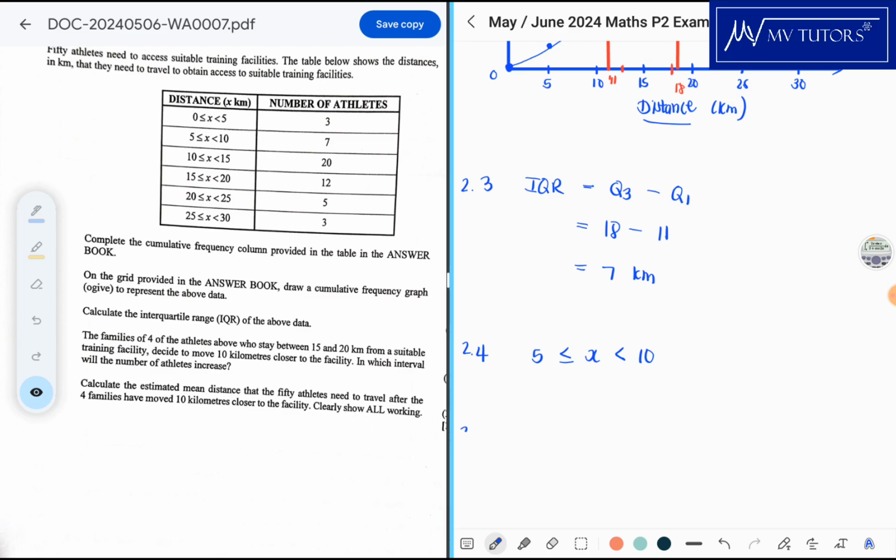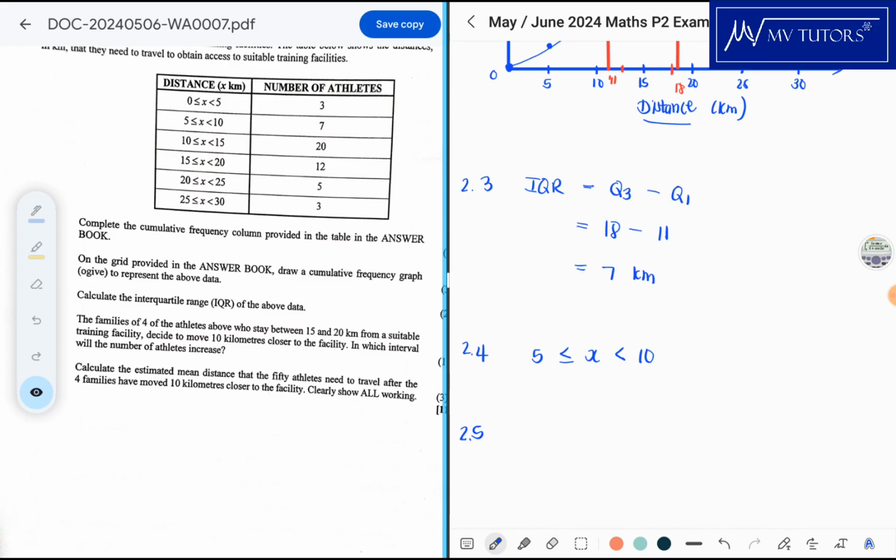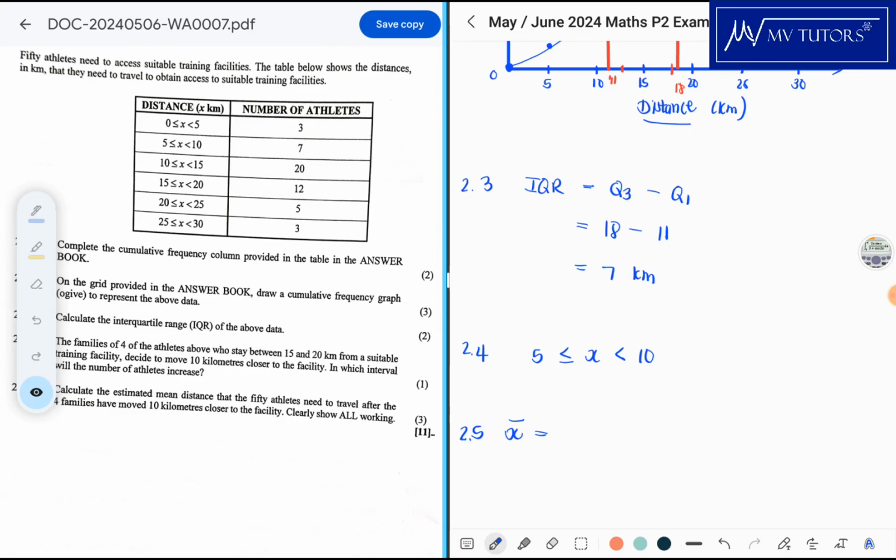And then lastly, 2.5 says, calculate the estimated mean distance that the 50 athletes need to travel after the 4 families have moved 10 kilometers closer to the facility. Clearly show all working. In order to get the mean, we need to look at our table again. Remember, 4 athletes moved to this region over here.